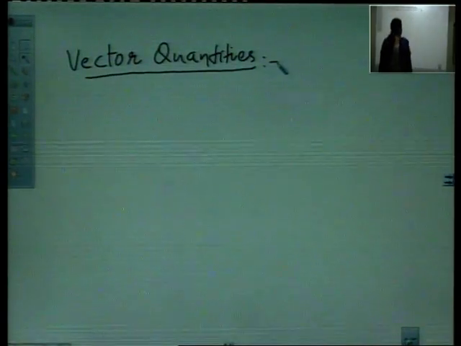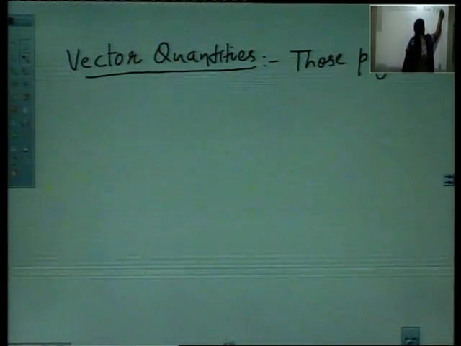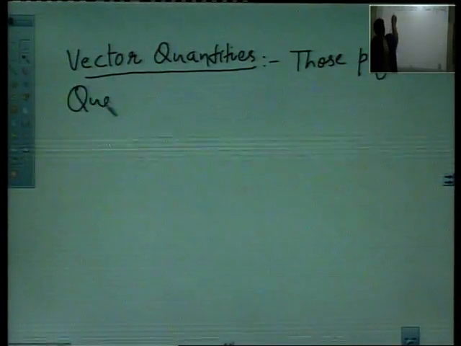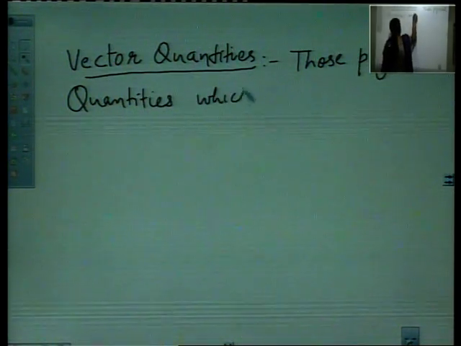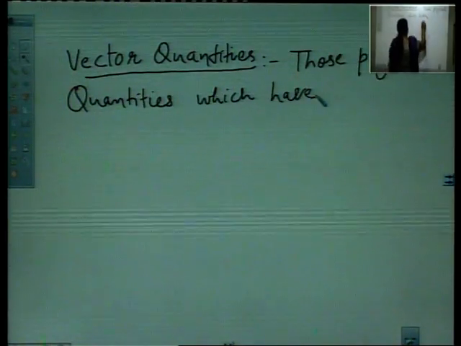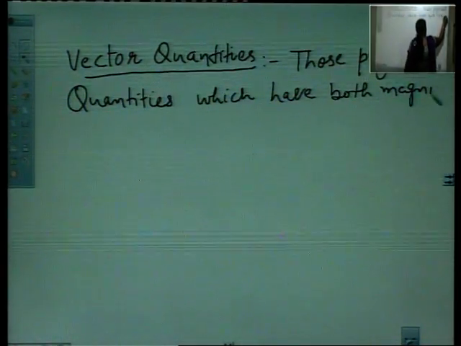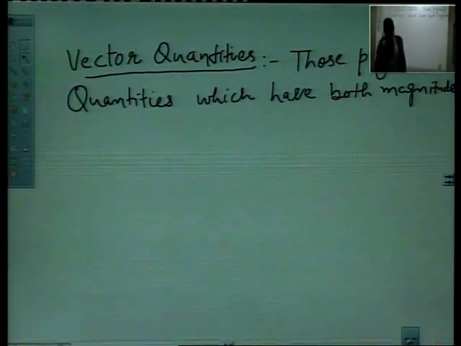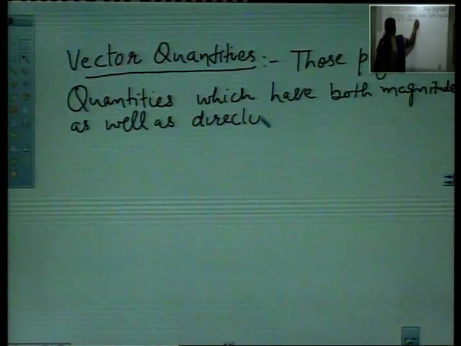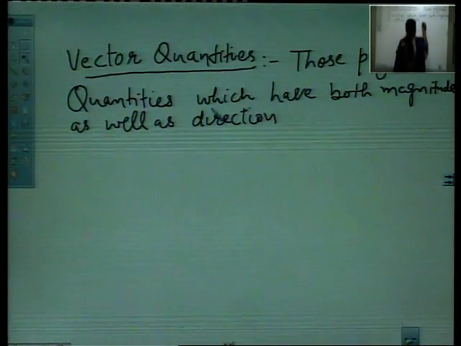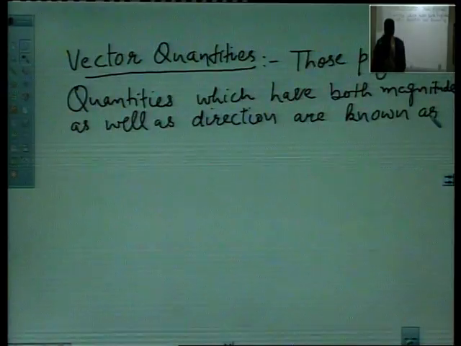So those physical quantities which have both magnitude as well as direction are known as vector quantities.